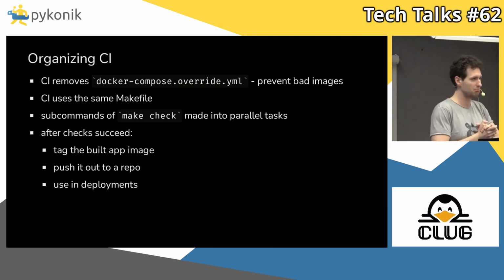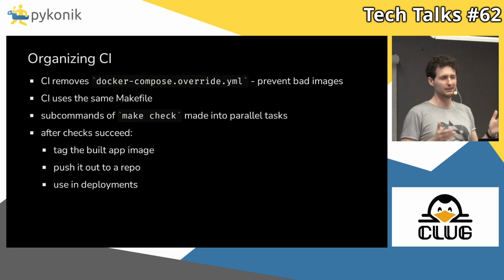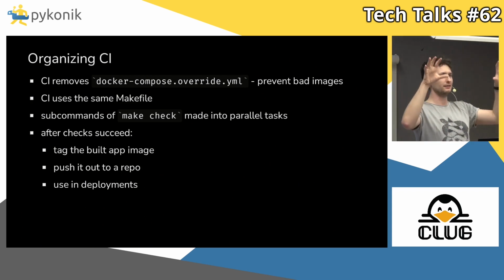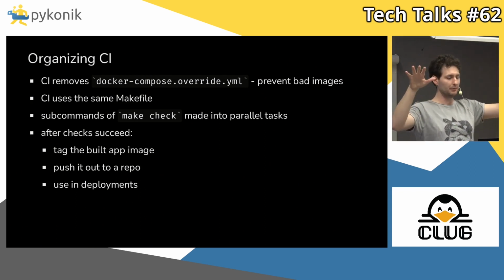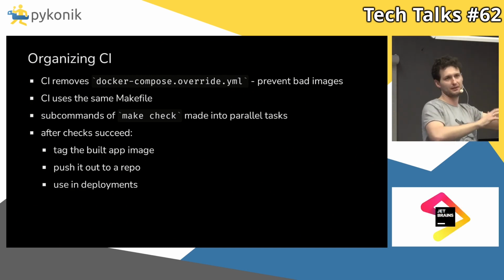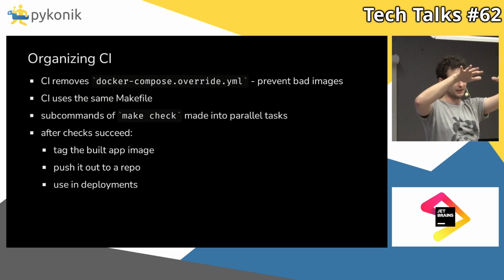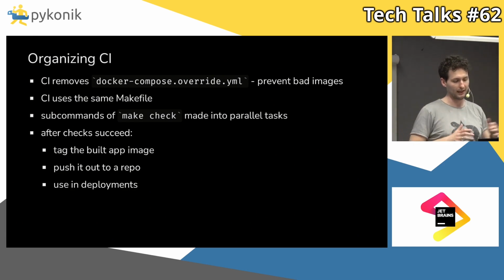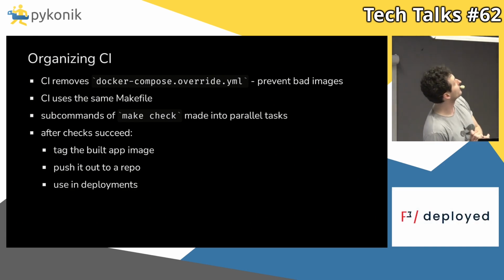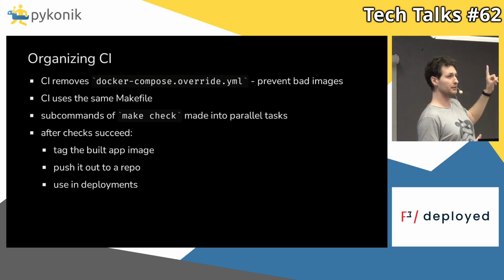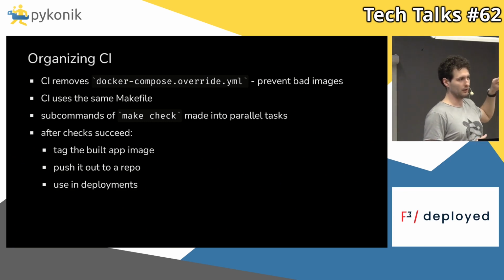So most modern CI/CD tools enable you to define steps, and you can have a bunch of parallel steps that run your tests and all of the static checks separately, and then you see individually which ones failed and which ones didn't.